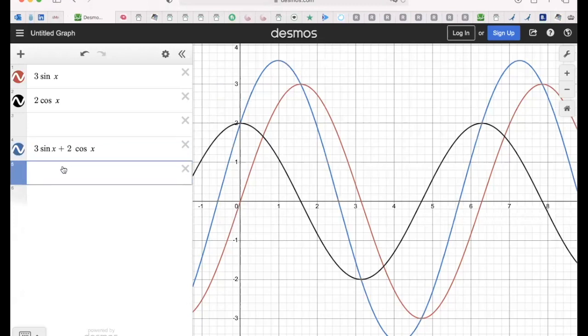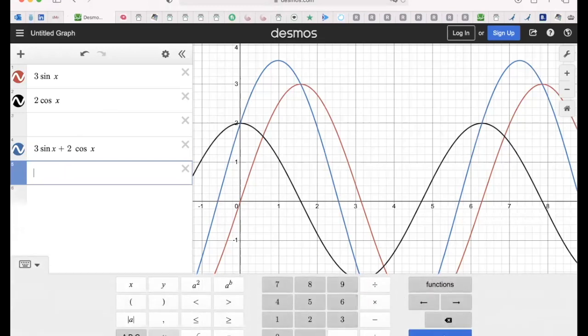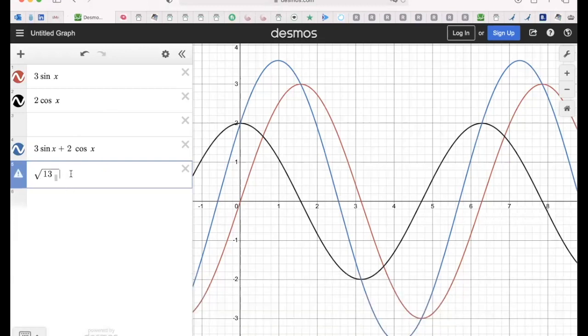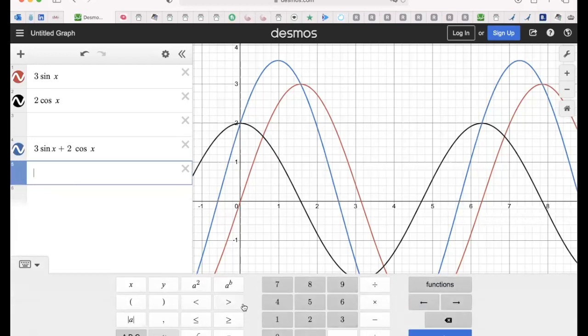So root 13. Before we move on to the next one, let's just show you that. So root 13 and then times, oops. I'm screwing this up. Root 13, root 13.